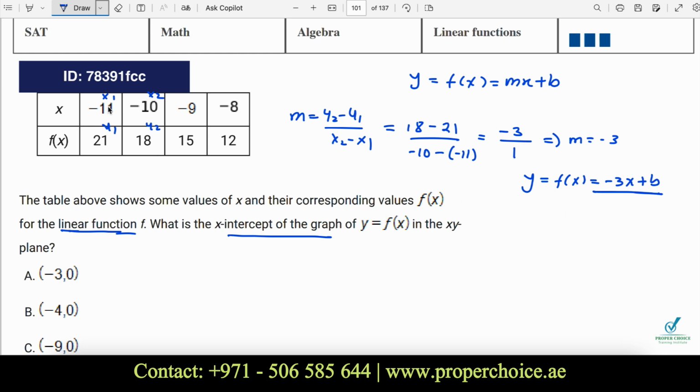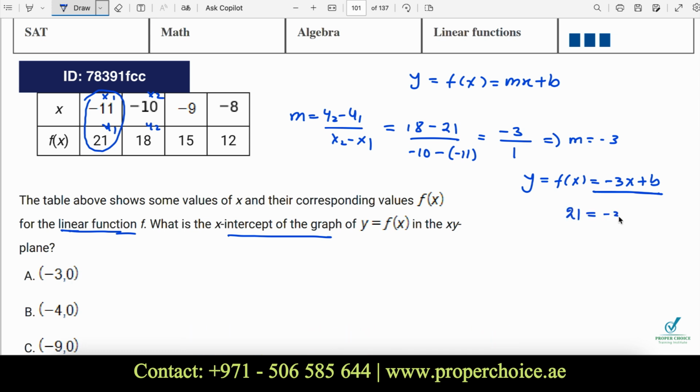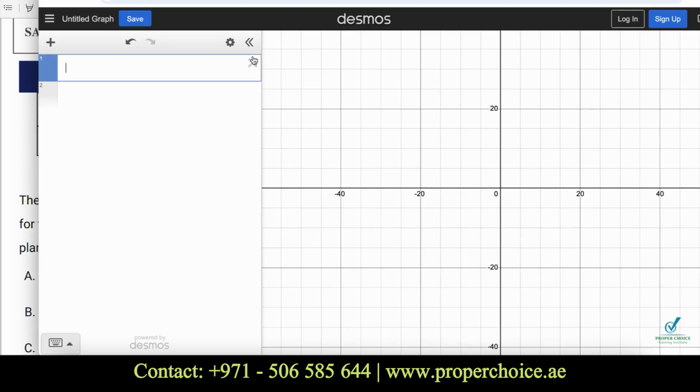So let me take help of the first pair. When x is negative 11, the y value is gonna be 21. So I'll be writing it here as 21 equals minus 3 times negative 11 plus b. You can take help of Desmos in this case if you have any confusion.